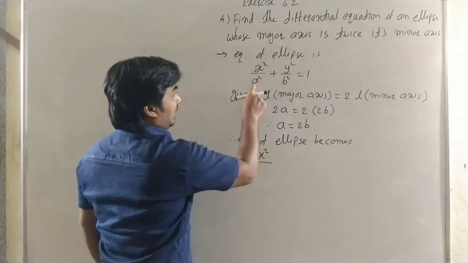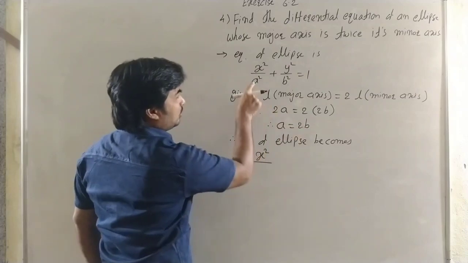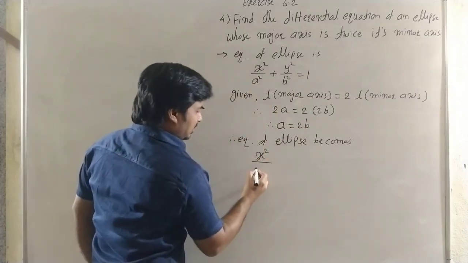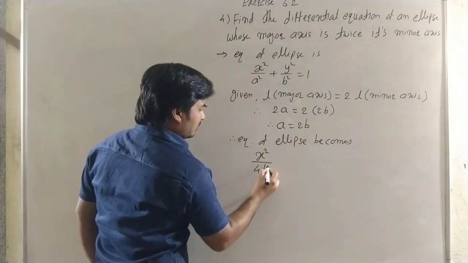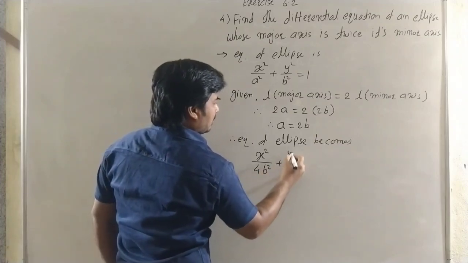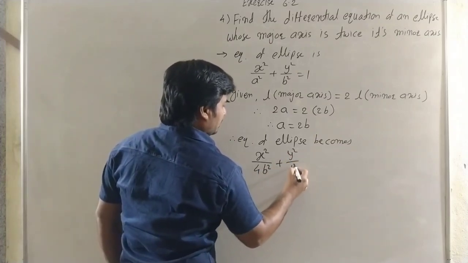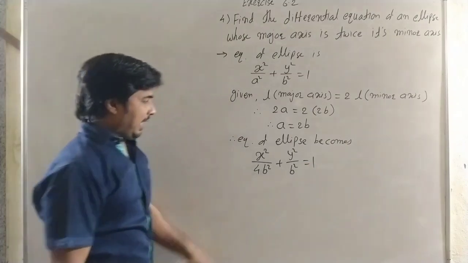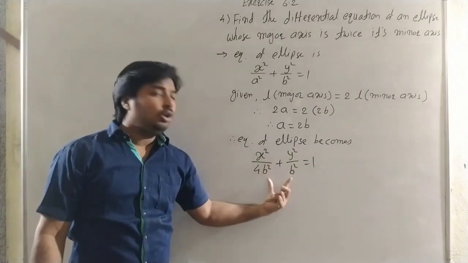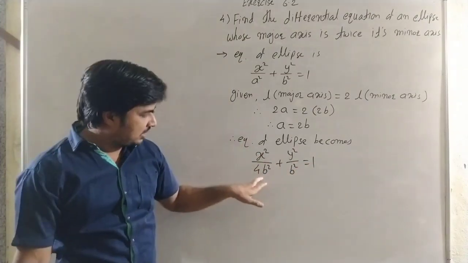x square upon (2b) whole square, therefore we can write 4b square, plus y square upon b square is equal to 1. And now in this equation there is only one arbitrary constant, it is b.